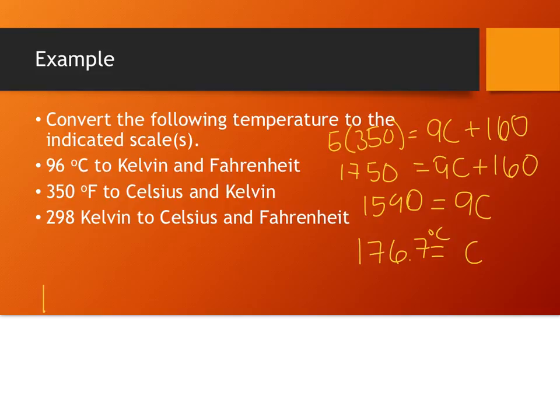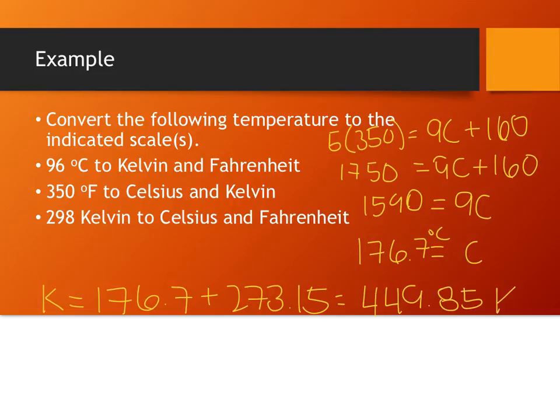And our Kelvin will then equal 176.7 plus 273.15, which is equal to 449.85 Kelvin. Those are your two answers. All right, if you haven't done the third one, pause the video right now, do it, but again, I'm assuming you already have, so I'm going to move on.